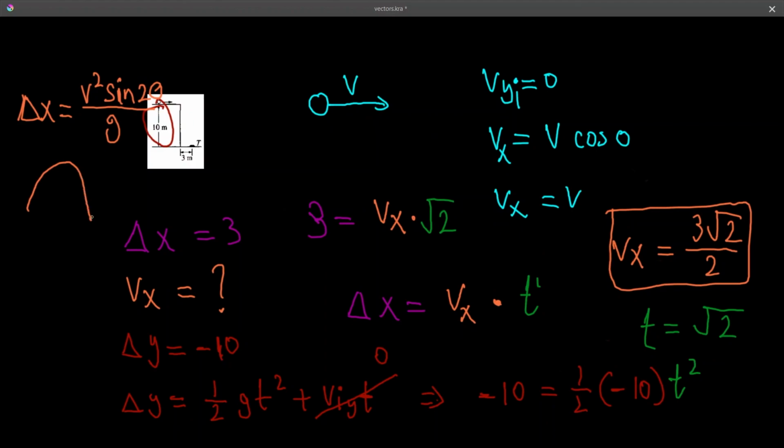It doesn't look like this, it looks like this, as you can see. So again, this formula to the top left only works if your projectile is a perfect parabola that looks like this, i.e. it lands on the same height that it's launched from.